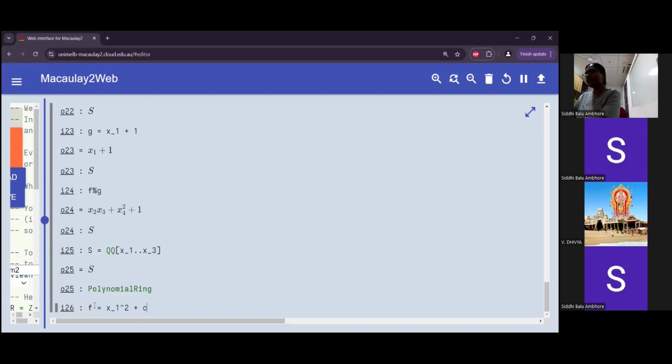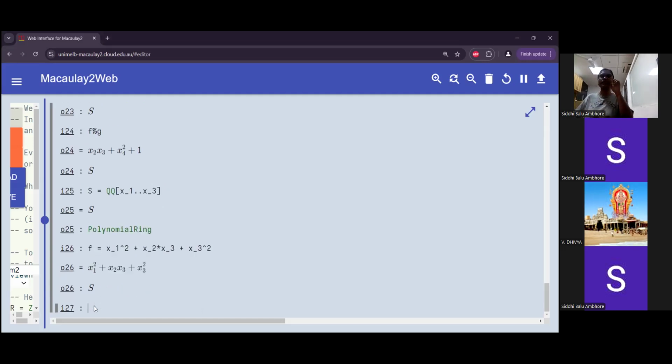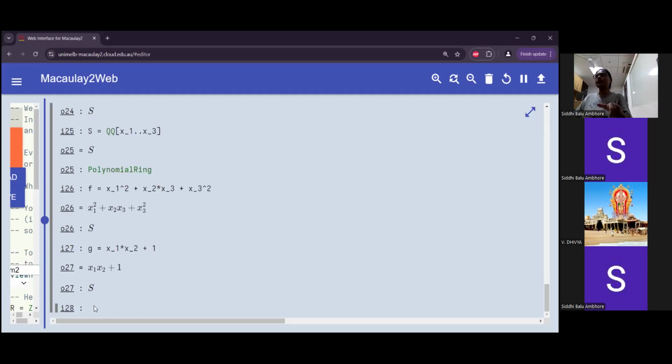I'm not explicitly writing the monomial order of S because in Macaulay 2, by default, it considers the order to be graded reverse lexicographic order. Okay, so that's not a problem in our case.